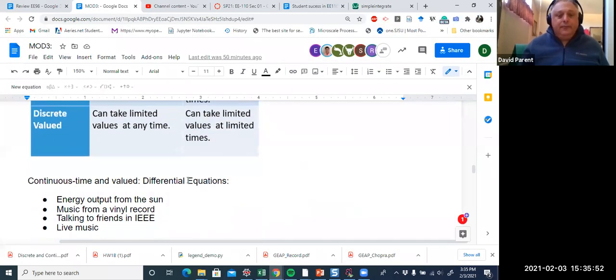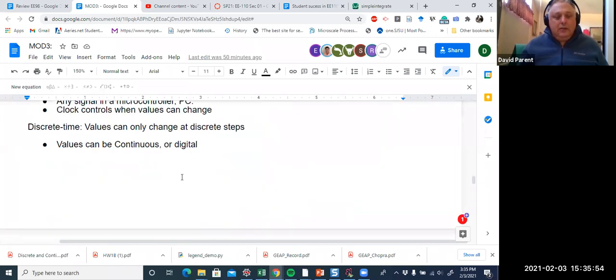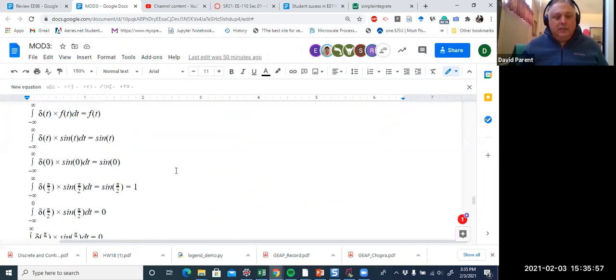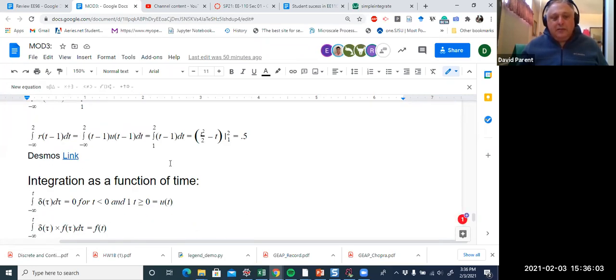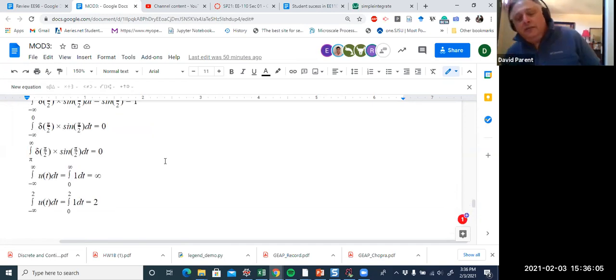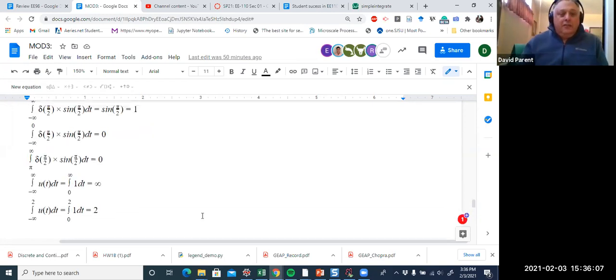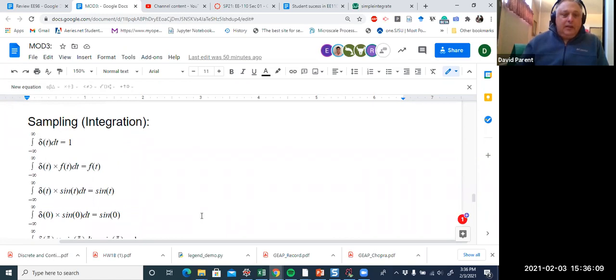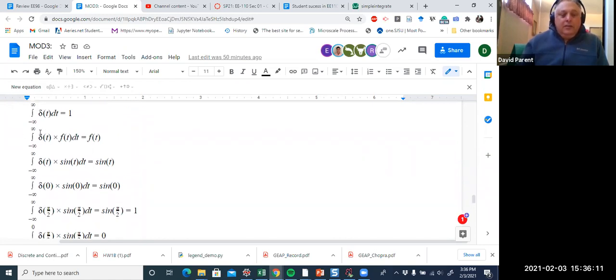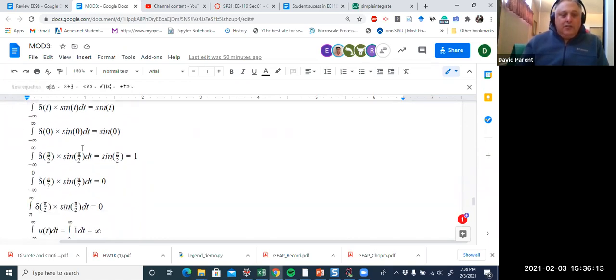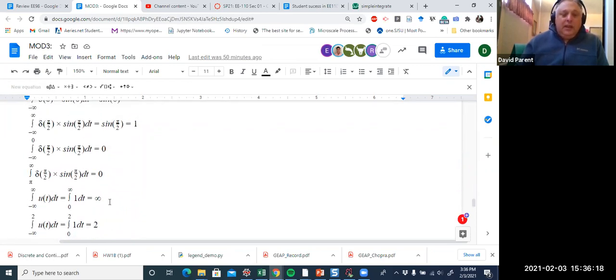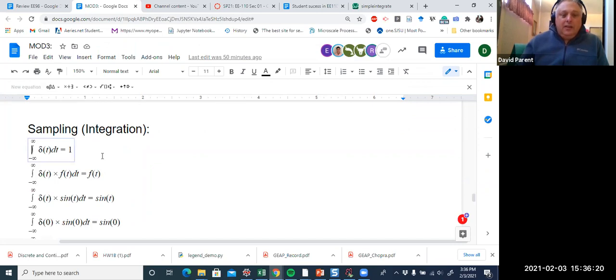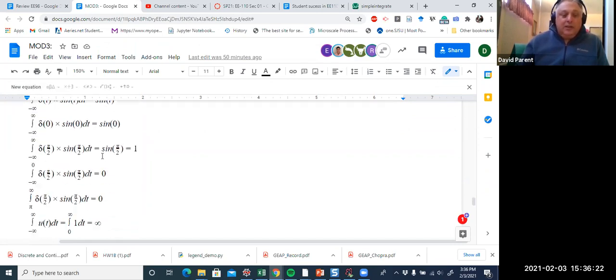Now, what I wanted to do is go over a little bit of the integration part that I'd prepared, and then finish off with analog versus digital. These equations are just examples with the answers, and that will give me an idea of what to cover.